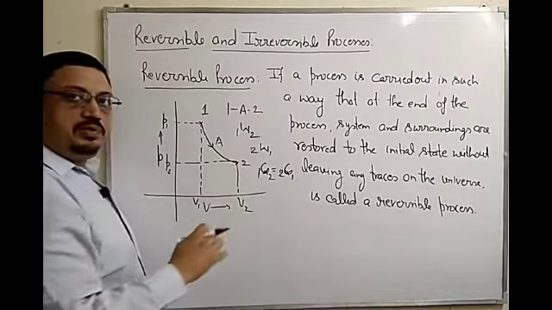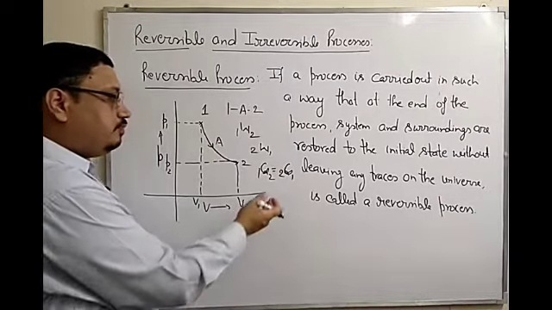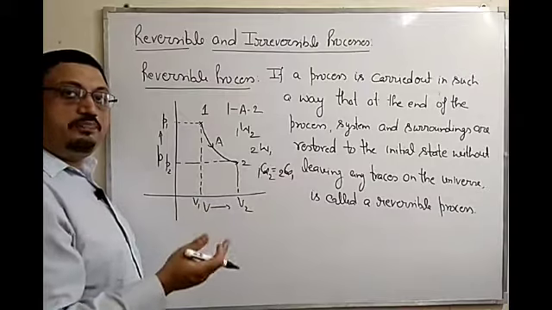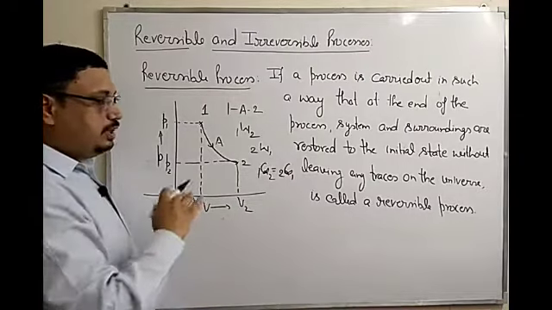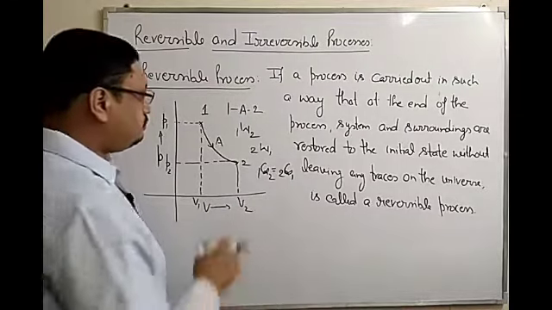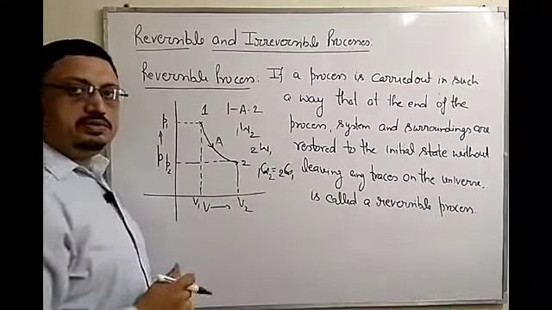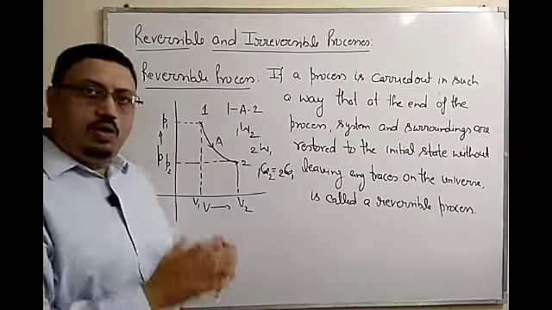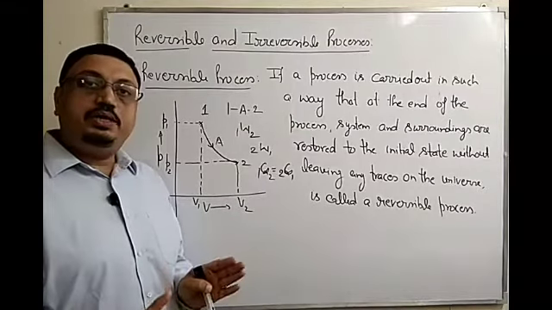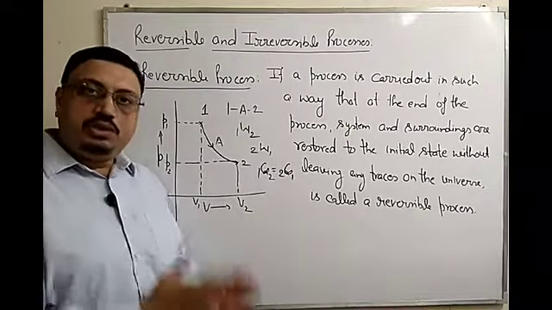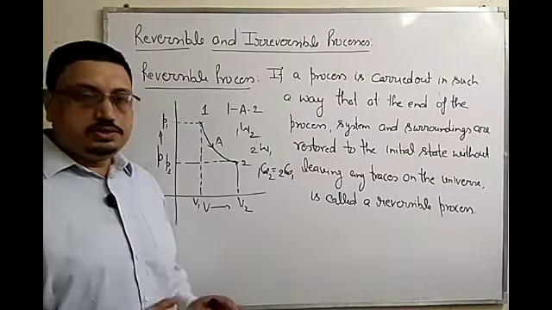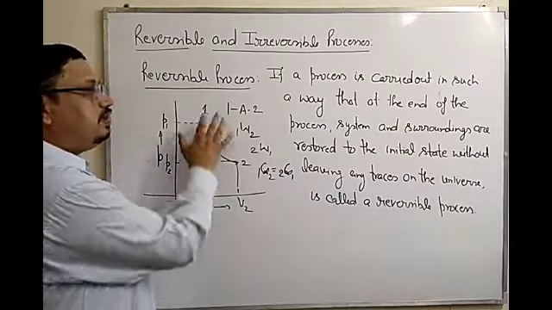If initially it was heat supplied to the system, then in the reverse process it should be heat rejected from the system. So net heat transfer should be 0. So we are seeing that net work transfer is 0 and net heat transfer is 0. It means that all the energy interactions should be in the reverse direction and the total energy interaction should be 0. So this is the meaning of a reversible process.